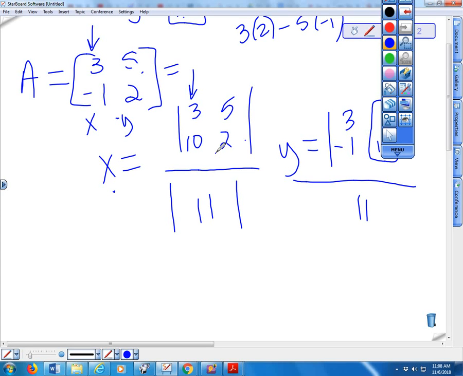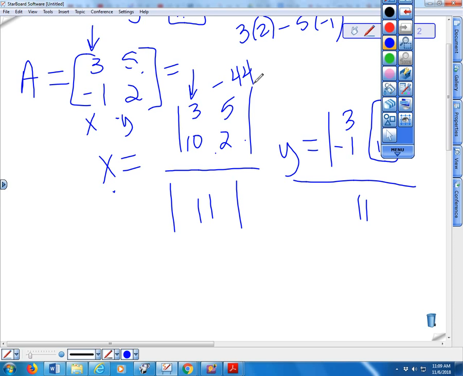Okay, so what is this determinant? 3 times 2, right? Which is 6 minus 50. 6 minus 50. -44. Lots of answers.